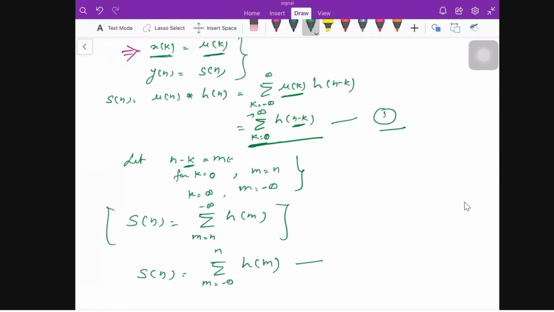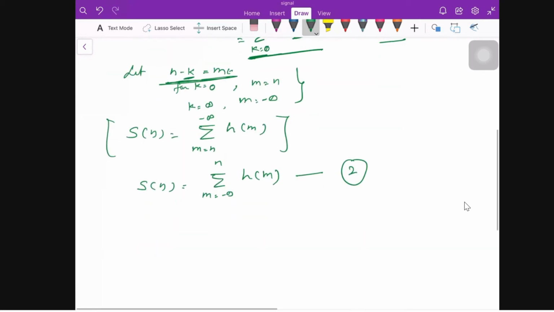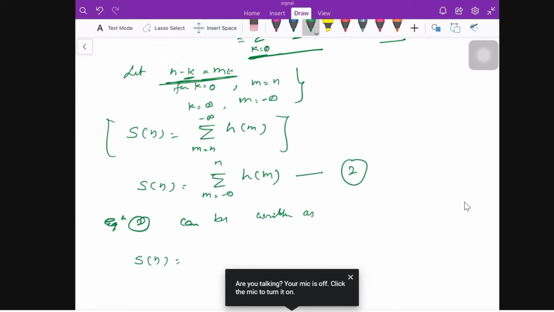So let's see, this is equation number 2. Okay, so the equation for Sn we have got is the sum over m equal to minus infinity to n of h m, where m is equal to n minus k. Now if you put this value, equation 2 can be written as, let's take m equal to n.